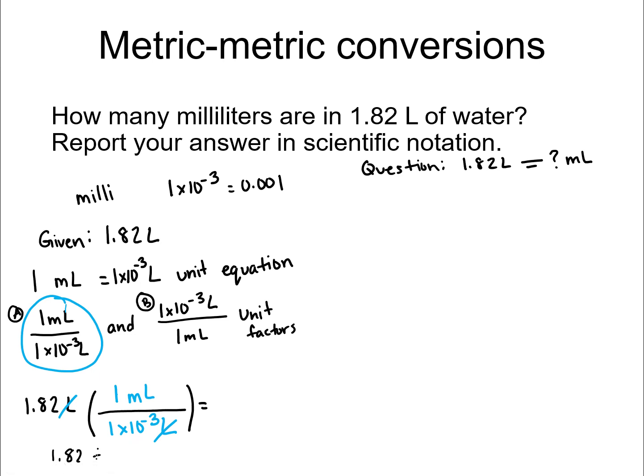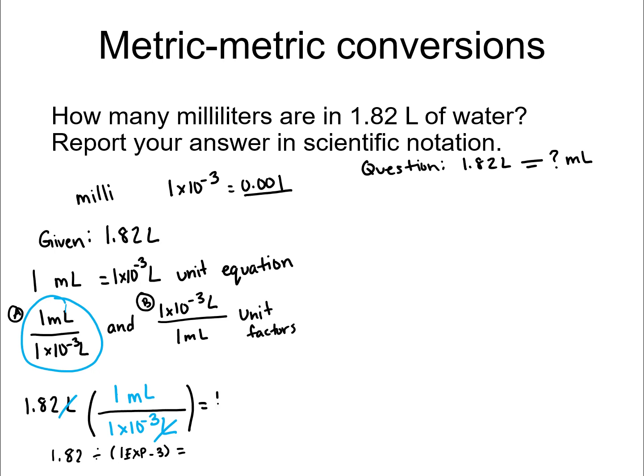You're going to put in 1.82 divided by, and you can use parentheses, 1 EXP negative 3 and the equal sign. Since this is a pretty small number, you can also just put in 0.001 instead of the scientific notation.